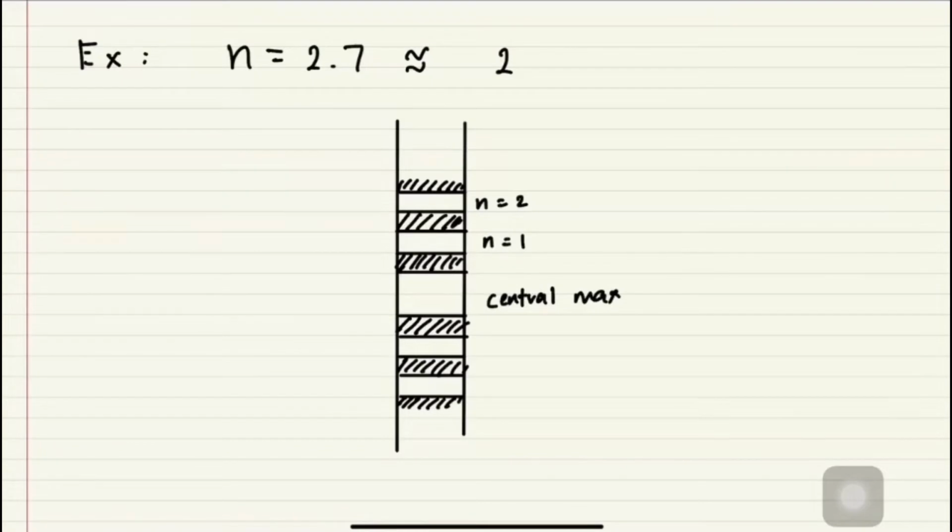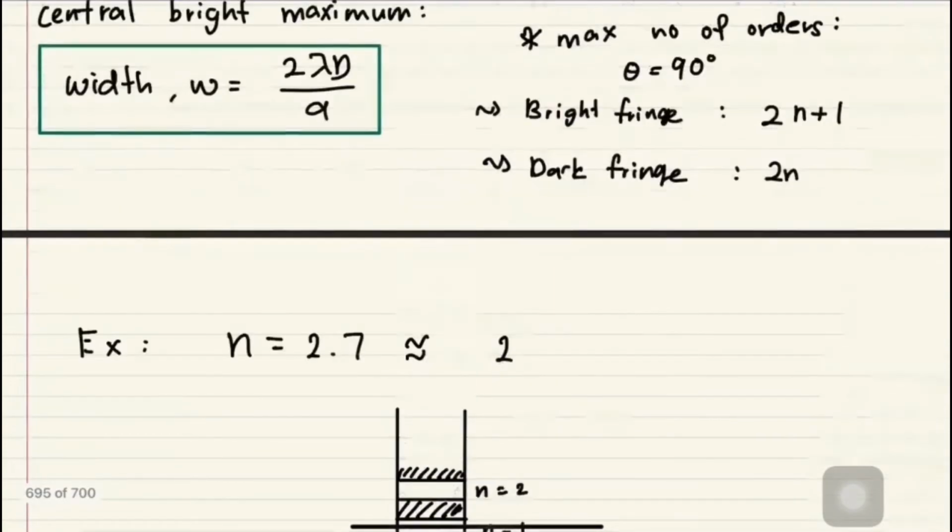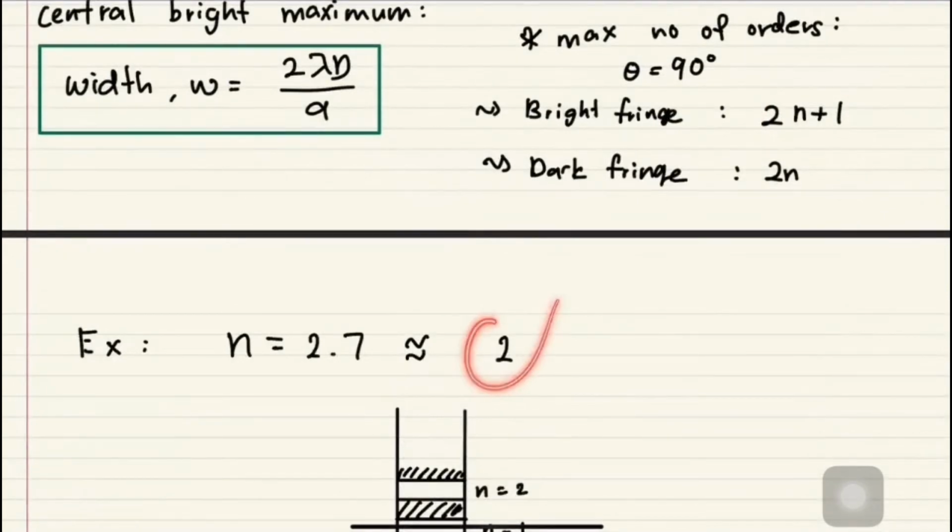So, apa yang berlaku dekat sini, you can see that this one is your central max, and then bila dia kata numbers of order 2, basically you can count 1, 2. Okay, and then you have to multiply by 2 because dia ada atas bawah, and then tambah 1 sebab dia central max. So that's why the formula is like this. But fringe, you have to multiply by 2. So tadi 2 kan, darab 2 jadi 4, atas bawah tambah tengah 1.